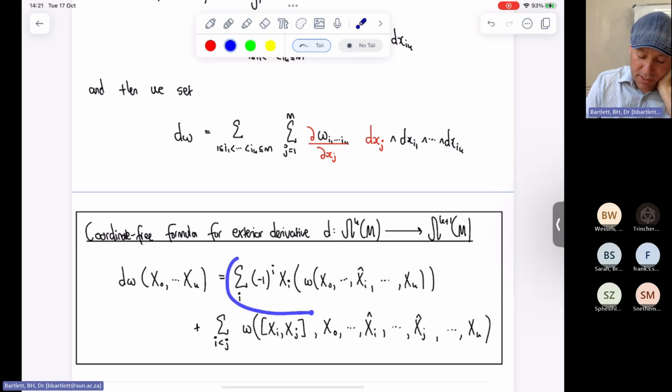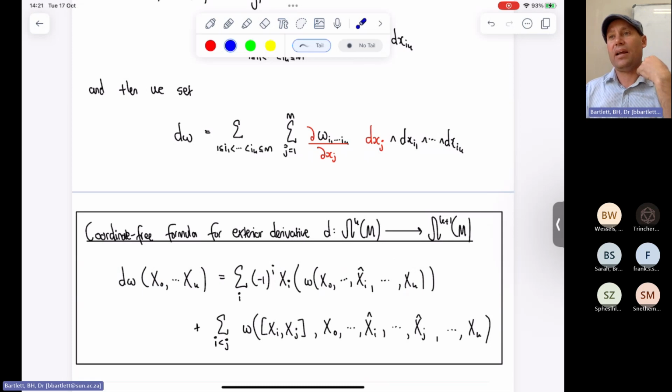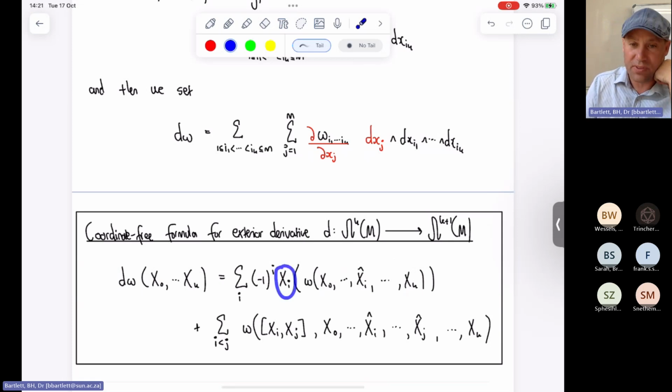I sum over all the directions in space with a minus sign in front. And then I take that vector and I differentiate this function in the direction of that vector. What is this function? It's the function which is obtained by taking my original K-form omega and applying it to the remaining K vectors when I remove xi. So that's what this hat means.